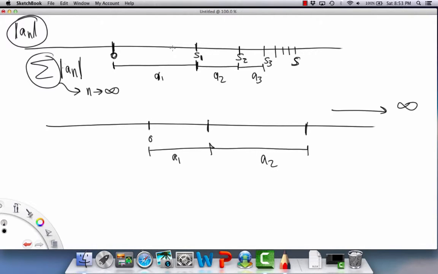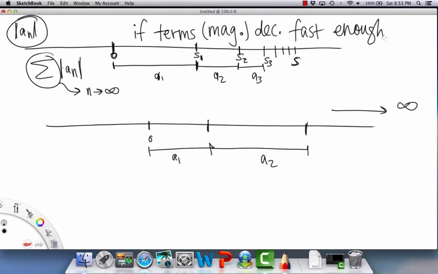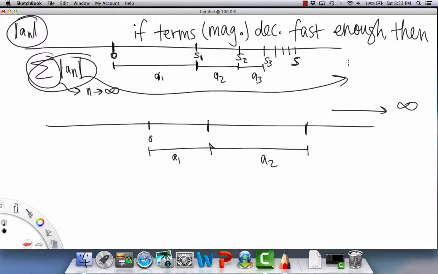So I'm going to go over this again. I'll write it out here: if the magnitude of the terms decreases (DEC) fast enough, then this infinite sum will converge.